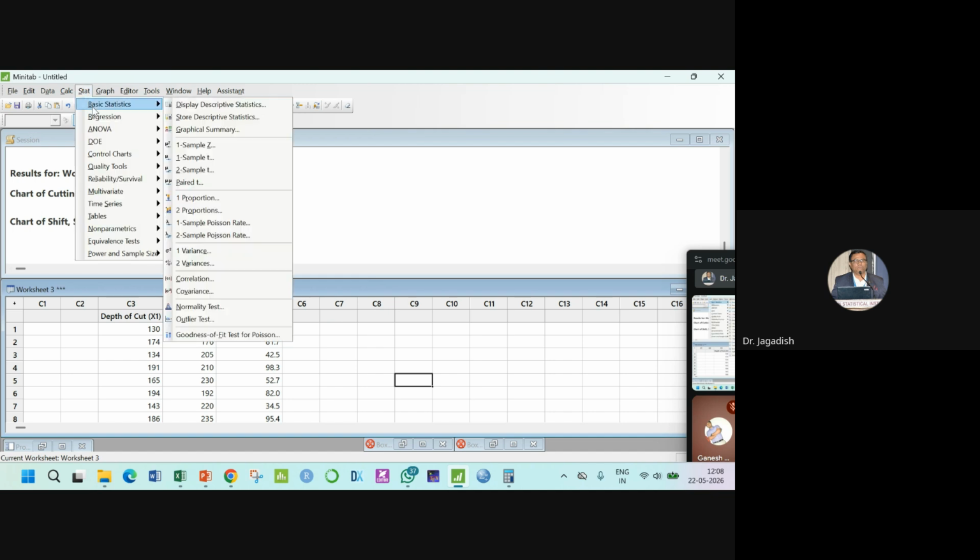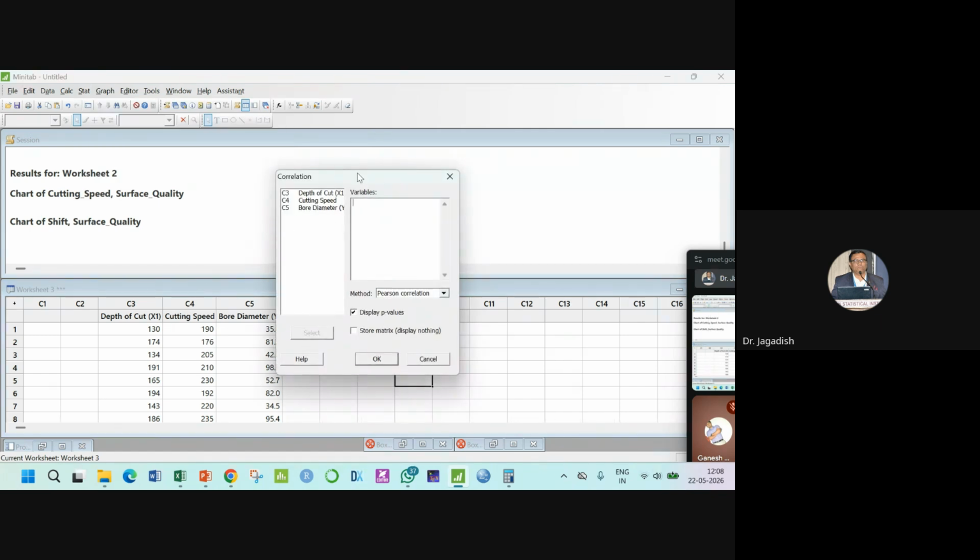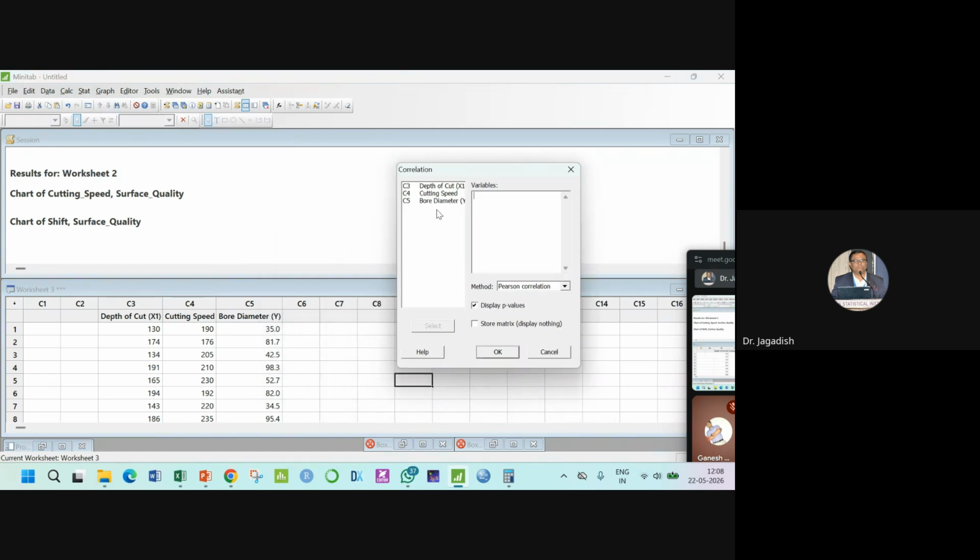So here, for the correlation analysis, go to Start, Basic Statistics, and here is the correlation. Covariance also we can do, and correlation can also be done. So click correlation, and then we'll find out the relationship between the two variables. Here I want the correlation between x and y, depth of cut and bore diameter.